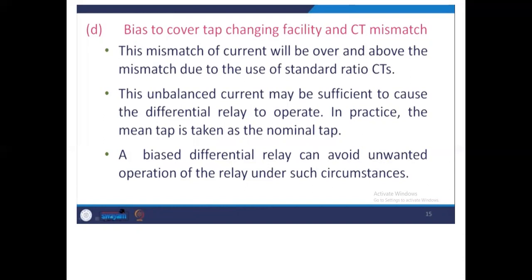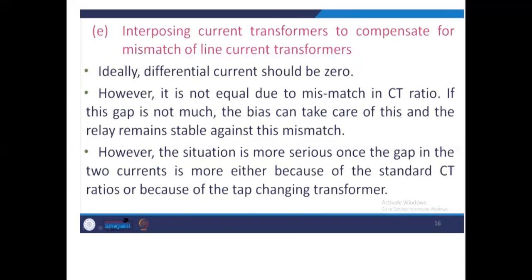So the best option is to go for the adaptive setting. Okay, the best is the adaptive setting. So we know that ideally the differential current should be zero. However, it is not zero because of the reason I have explained, because of the tapping.